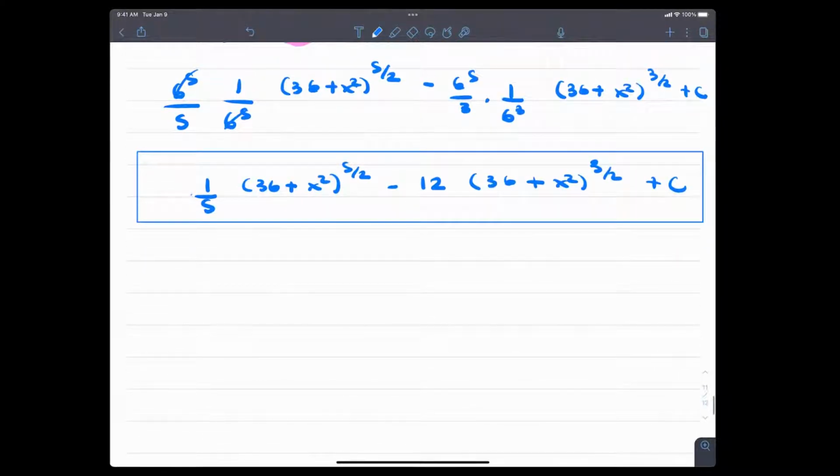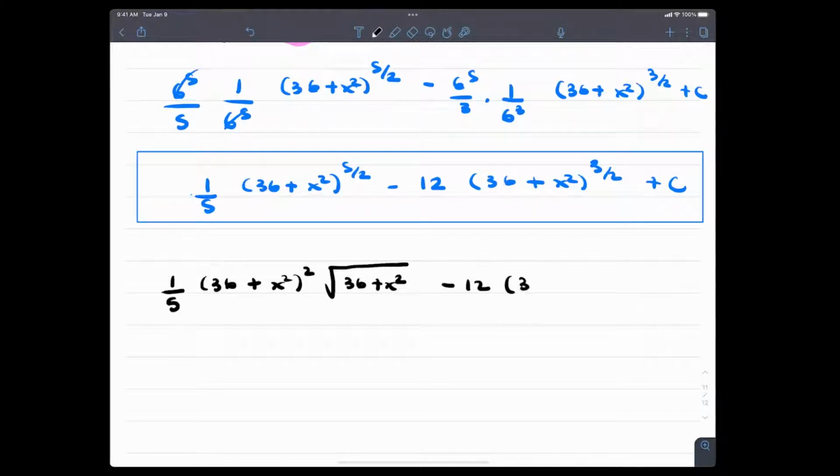And then I might say to you, you might look in back of the book, and you're going to see this answer. And I know I showed the calculus 1 students how to get these answers. This is 2 square root 36 plus x squared. Because sometimes you look in back of the book and you go, oh my God, where did they get all of this, right?